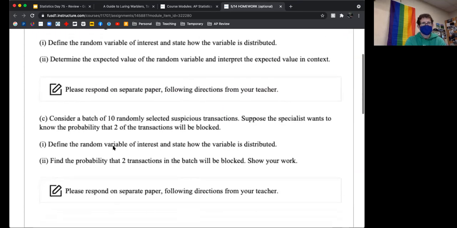And the last one is: consider a batch of 10 randomly selected suspicious transactions. Suppose the specialist wants to know the probability that 2 of the transactions will be blocked. The random variable of interest here will be random variable X is the number of blocked transactions out of 10 trials.